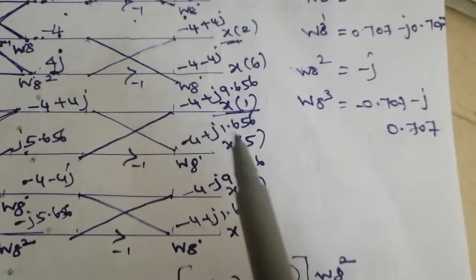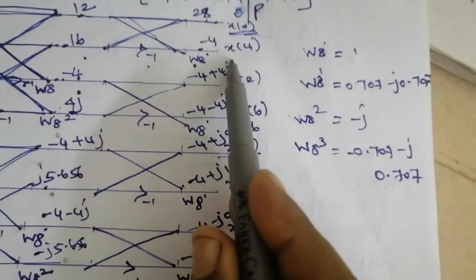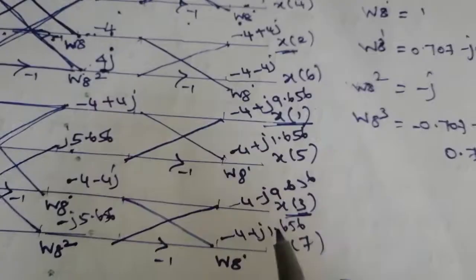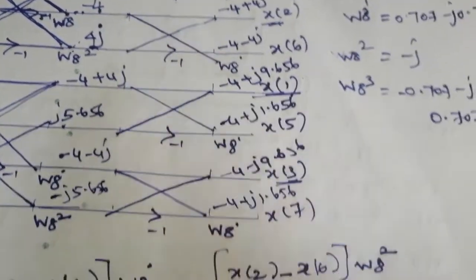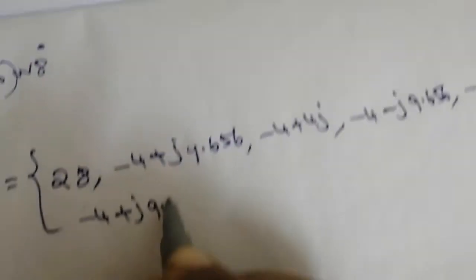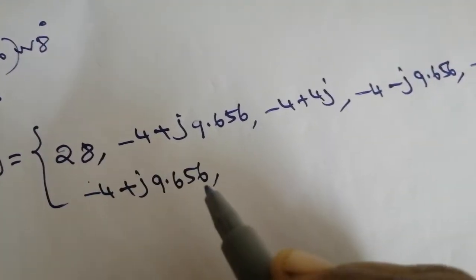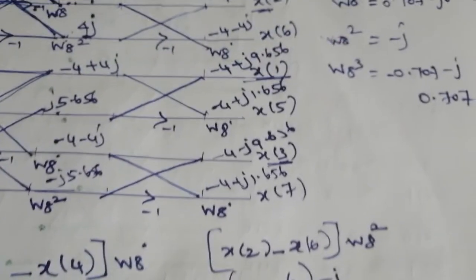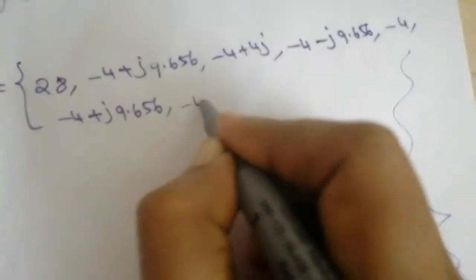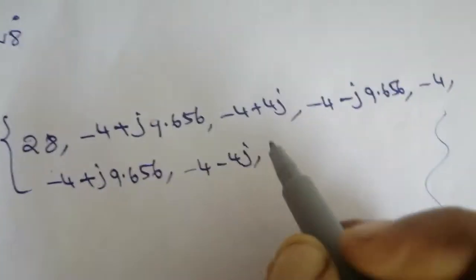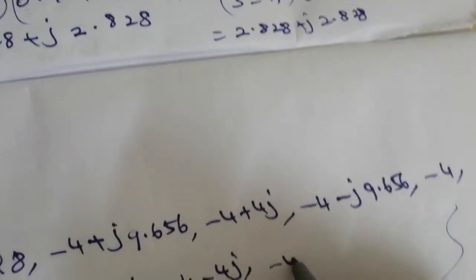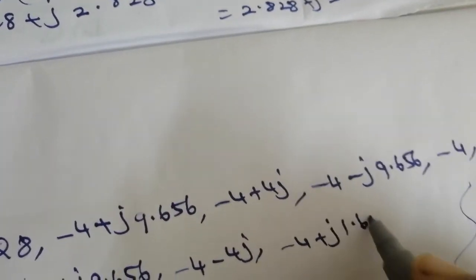Then x of 4 value is this one, minus 4. Then x of 5 value is minus 4 plus j 9.656. Then x of 6 value is this line, minus 4 minus 4j. X of 7 value is this line, minus 4 plus j 1.65.